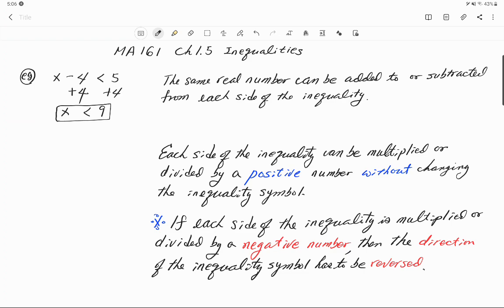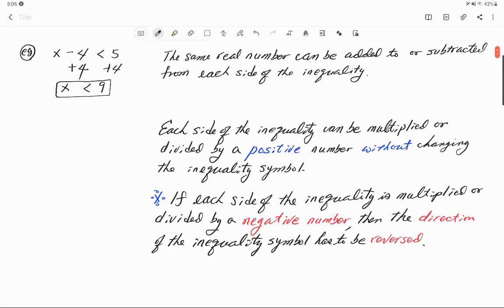How about multiplying? Here is another example: 3x is less than 12. In order to find x, you can make this 1 times x, so we have x on the left-hand side of the inequality.